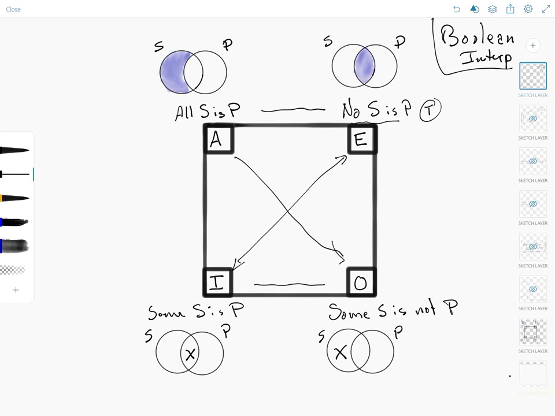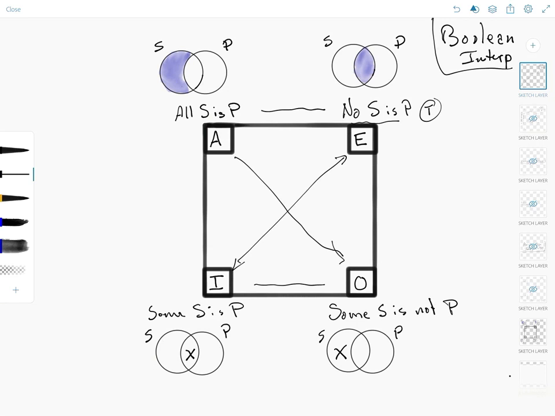In other words, it's compatible with what we just found out about contraries, which is that both of the universals can be true if there are no S's. So similarly here with these particulars, it looks like we now have to lose both contraries and subcontraries.